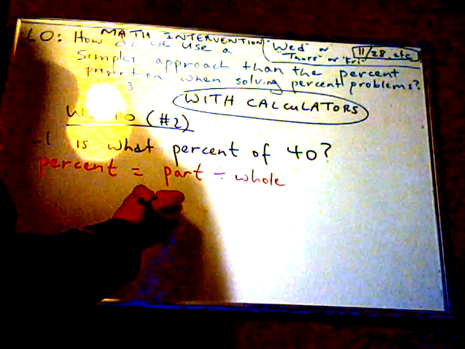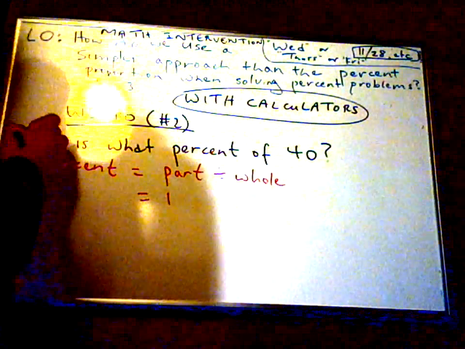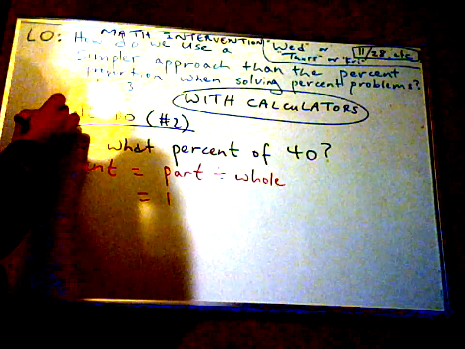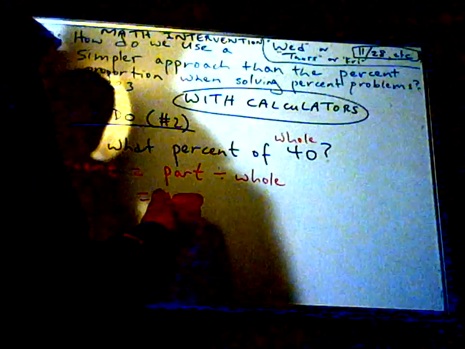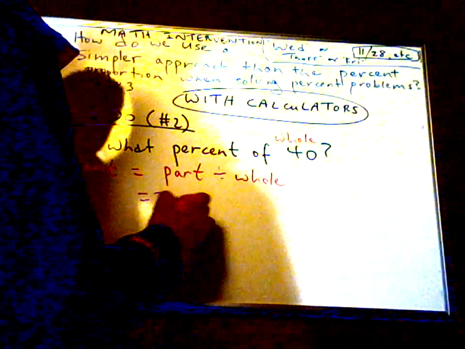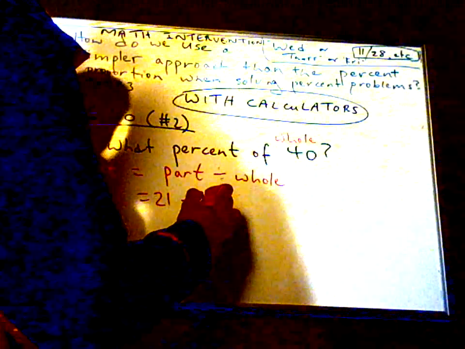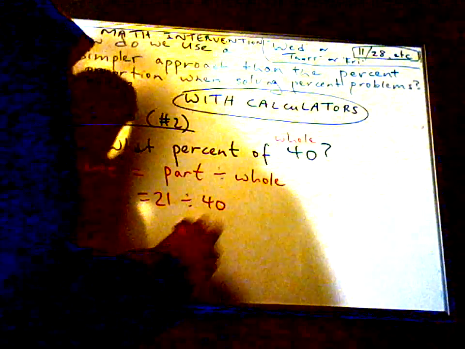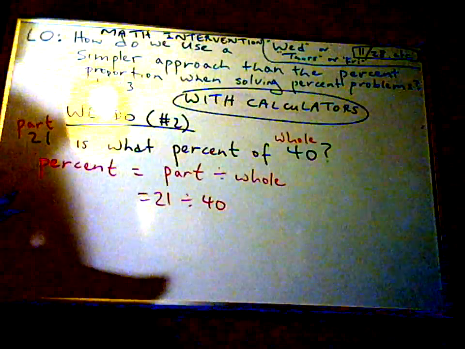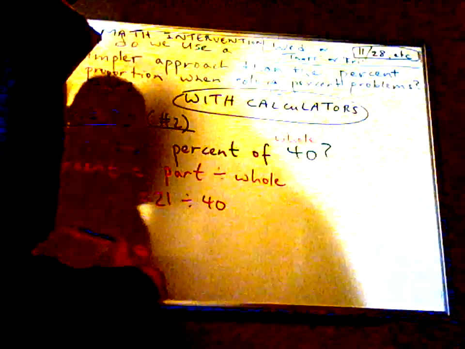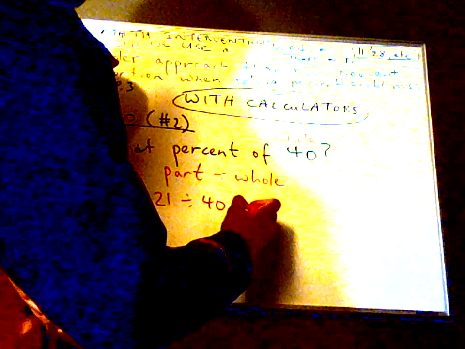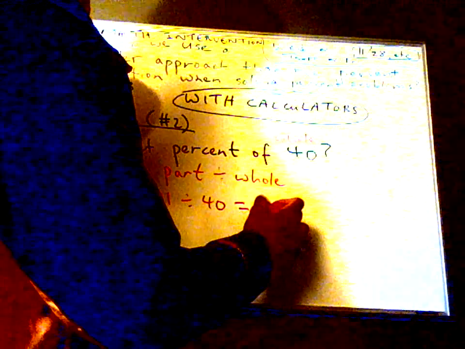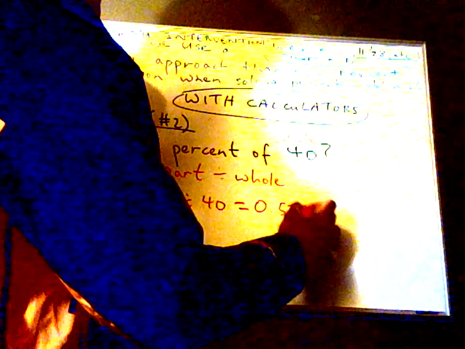So in this case, the part is 21 and the whole is 40. So percent is part divided by whole, which is going to be 21 divided by 40. Okay, and 21 divided by 40 is going to be equal to 0.525.